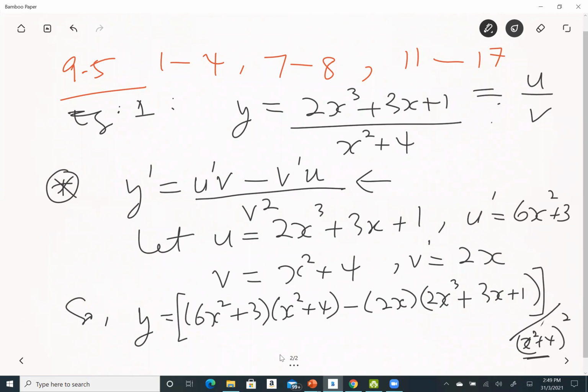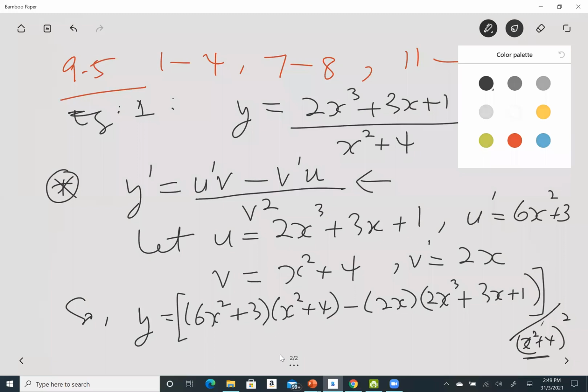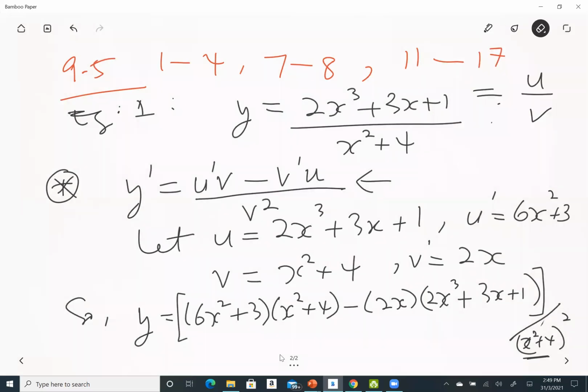Either you can use the way I do it, or you can use the long division line. But that bracket which I put here is important to indicate that everything on the top is divided by x squared plus 4 to the power of 2.